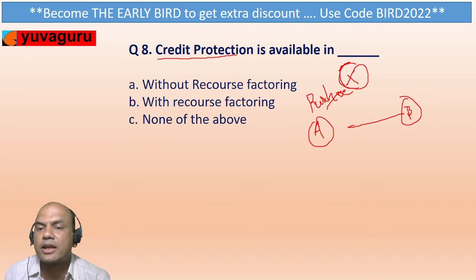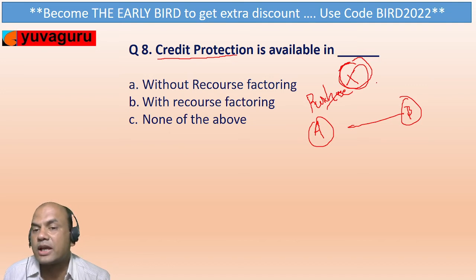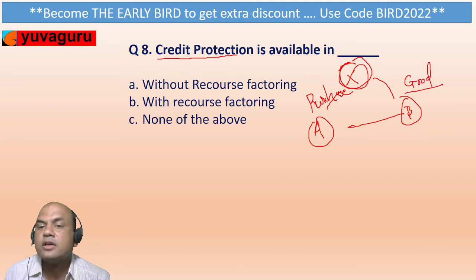So if I am taking the risk, I will have to secure myself, because forfeiting is generally non-recourse, and if factoring is non-recourse given by me, then I must be able to safeguard myself by checking whether this B is good or bad, in good financial condition or bad. So always credit protection is done in without recourse factoring.